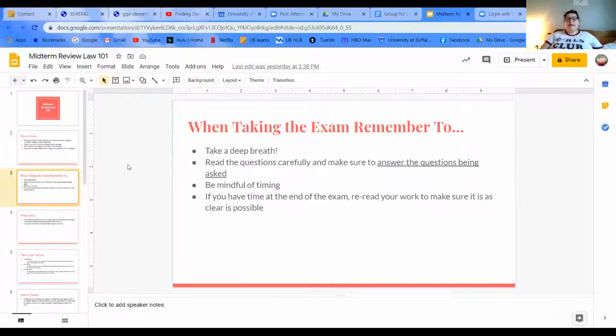Also, when taking the exam, remember to take a deep breath. I know 4 short answer questions and 2 essays sounds like a lot to do in 45 minutes. This is not the standard length introduction, conclusion, 3-paragraph essay that you might be used to writing in other classes or from high school if you're a freshman.